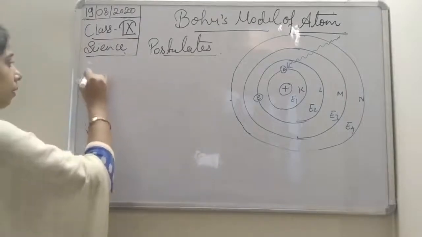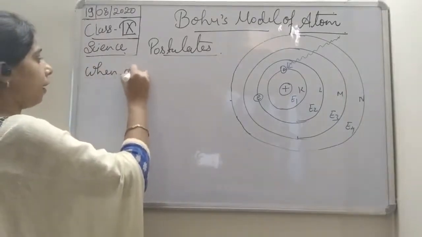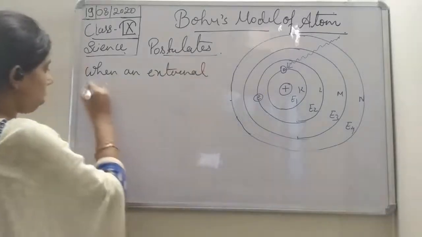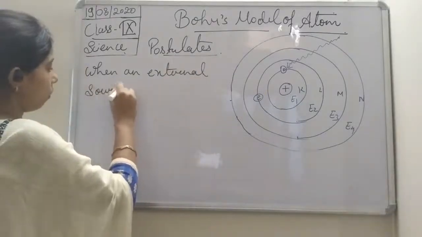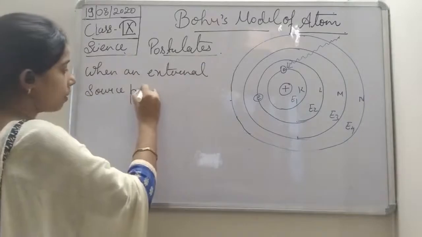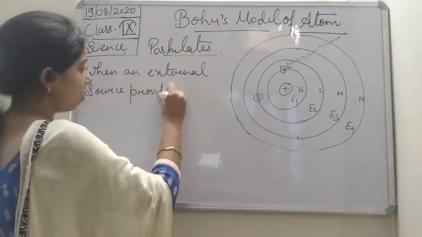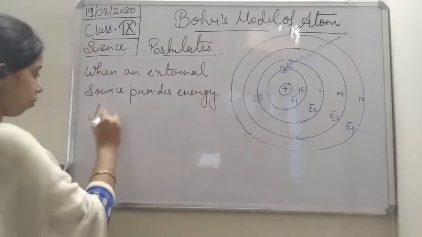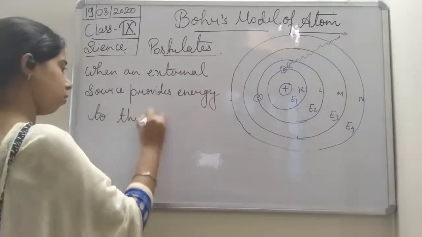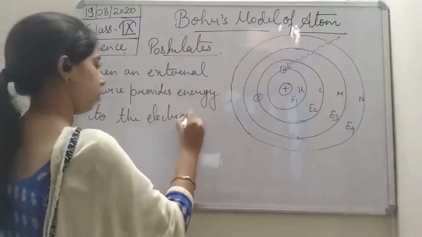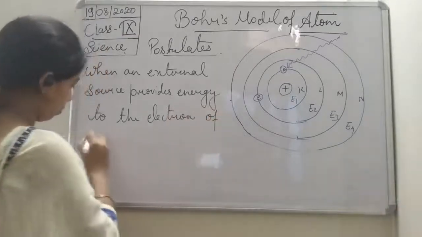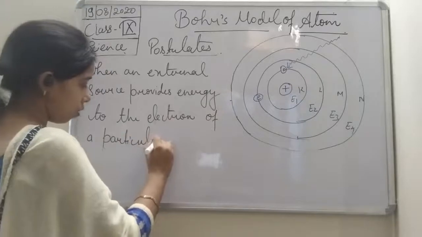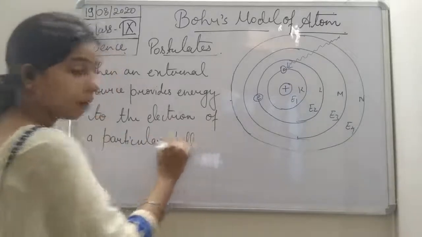When an external source provides energy to the electron of a particular shell, what will happen?